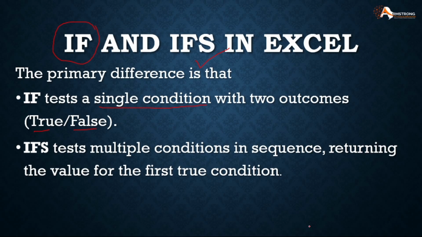If the value in A1 is equal to 100, then the result should be A. If not, then the result should be B. If not, so multiple conditions. So now we've seen what an IF is and also what an IFS statement is. IF is used for a single condition and IFS is used for multiple conditions. Then let's look at it practically.